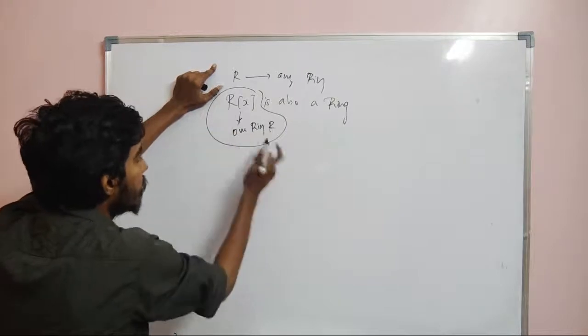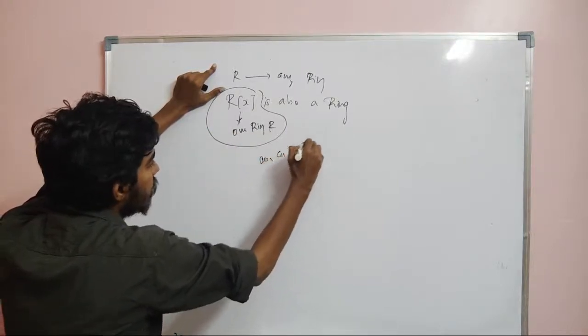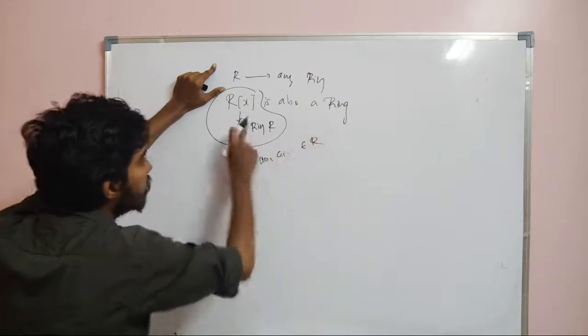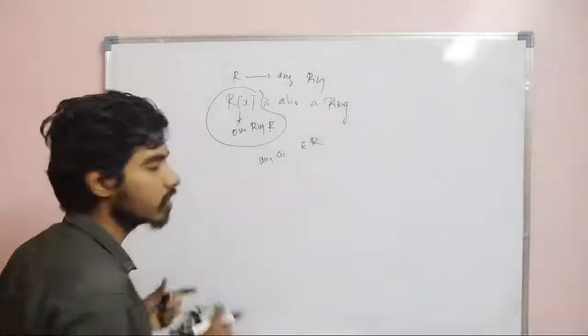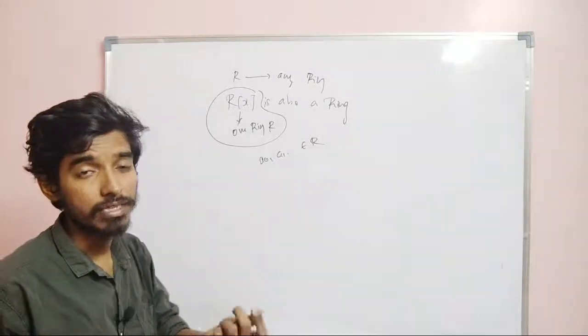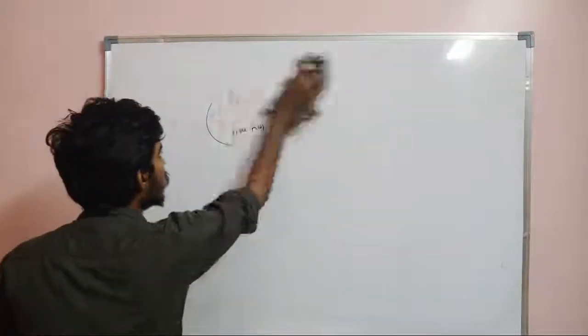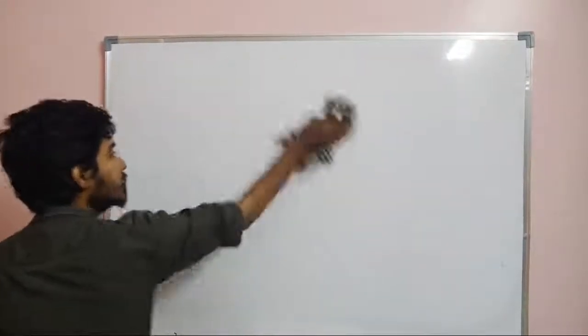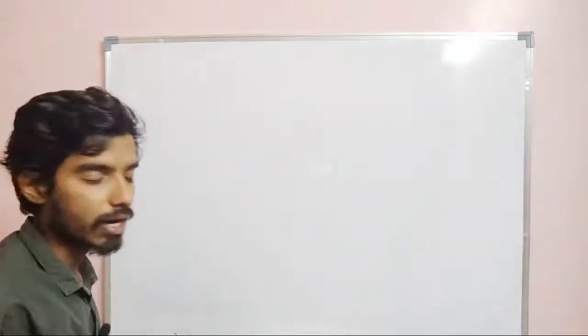And over a ring R means that a naught, a1, a2, the coefficients can be in the ring R. That is what we mean by over R. Over R means the coefficients of the x square terms belong to the ring R. So far, if R is a ring, then the polynomial over it, R of x, is a ring.